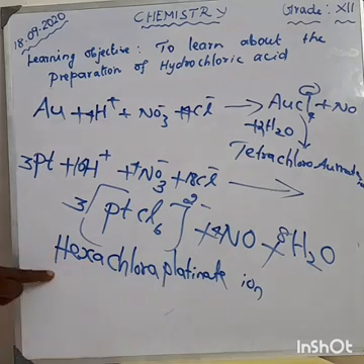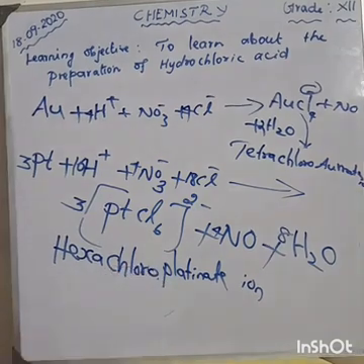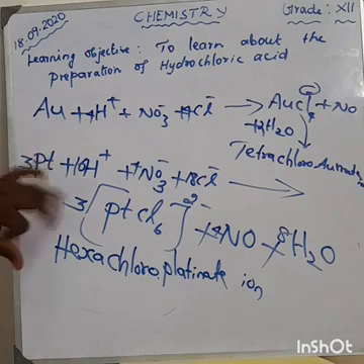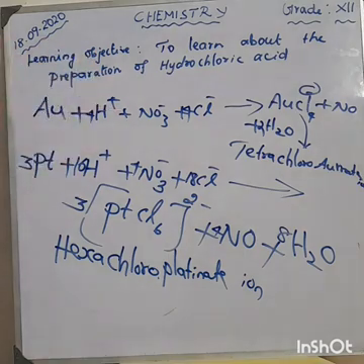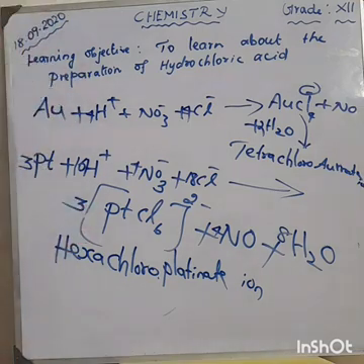The name of the compound is hexachloroplatinate ion. These are the areas we can discuss later in the 6th lesson. Okay, that is coordination compounds. That we can learn, all the rules. What are the rules for saying the complex name? Okay, so these are the two equations.